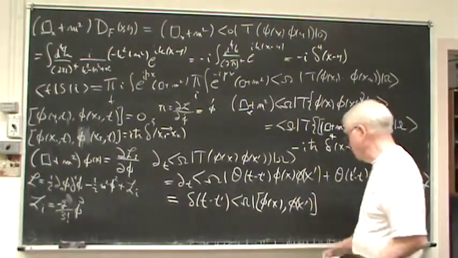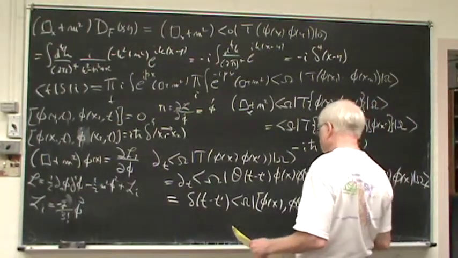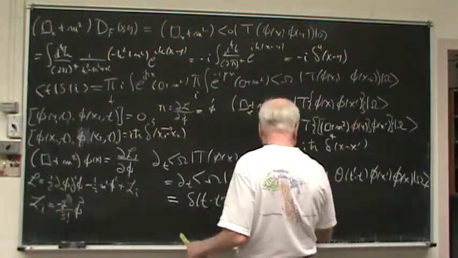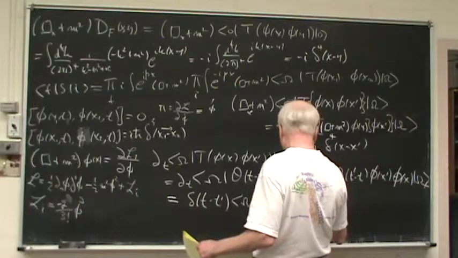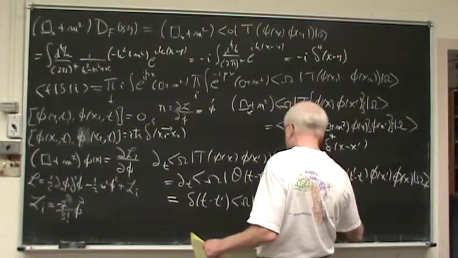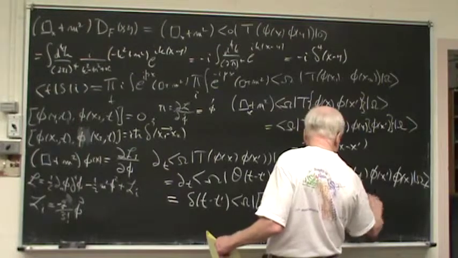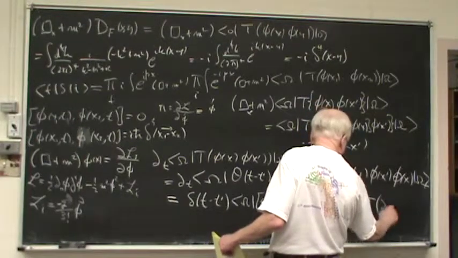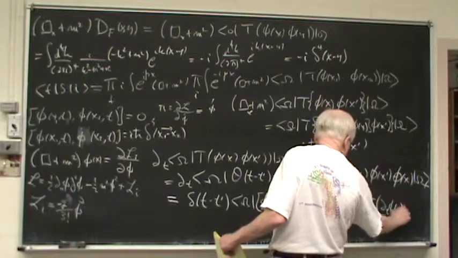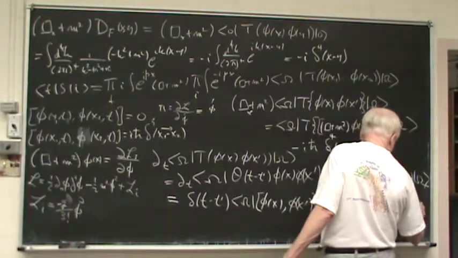So that gives you a commutator. And then the rest of it is the vacuum time-ordered product of the derivative acting on phi of x prime.